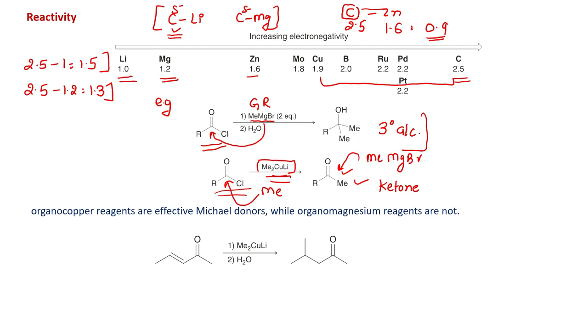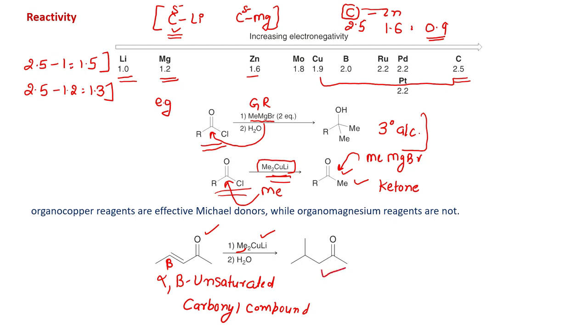Another example we can take is an alpha beta unsaturated carbonyl compound. If you react this alpha beta unsaturated carbonyl with methyl copper lithium, the methyl will react on the beta carbon and you will get this product.